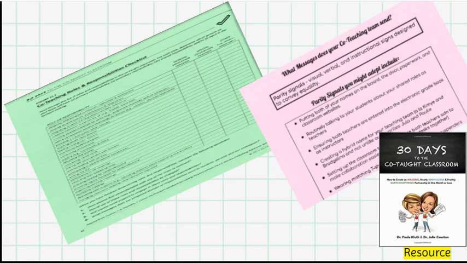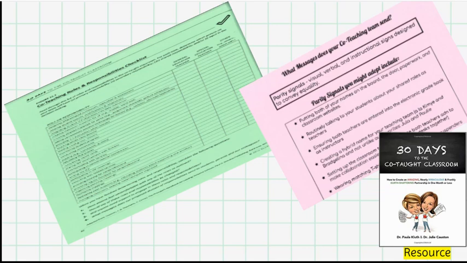One that we highly recommend is the co-teaching roles and responsibilities checklist. There are things that you might not even think about until in the moment, but you want to make sure everyone knows whose responsibility and what are the individual responsibilities as well as what are the shared responsibilities.